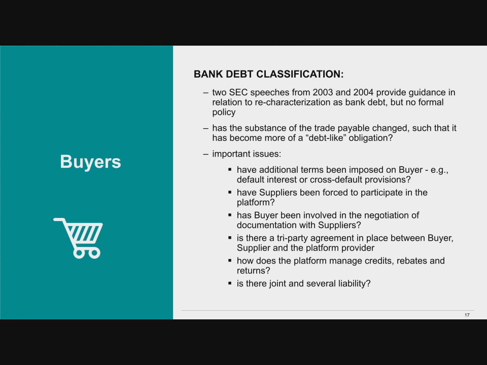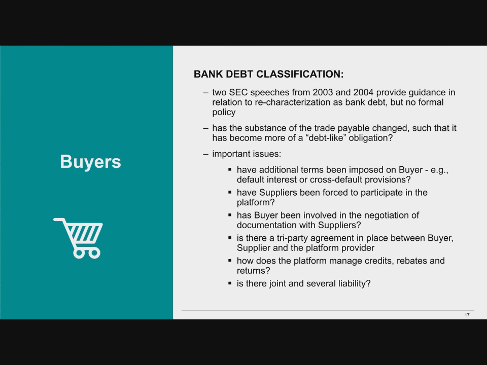Things such as, does the program impose a default or cross-default provision on the buyer? Have the suppliers been forced to participate in the platform? Has the buyer been involved in the negotiation of documentation with the supplier? Is there a three-way agreement in place between buyer, supplier, and the platform provider? How does the program manage credits, rebates, and returns?